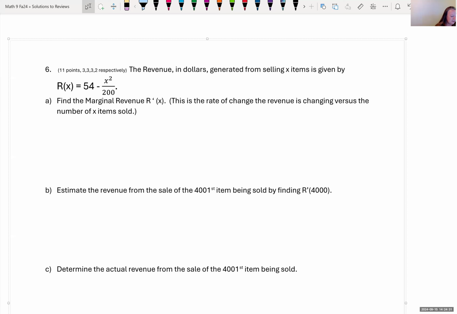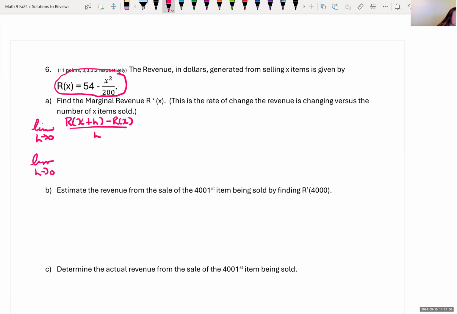And so we're looking here at the limit as h is approaching 0 of r of x plus h minus r of x all over h. So wherever I see an x in my r of x, I'm going to drop in x plus h.